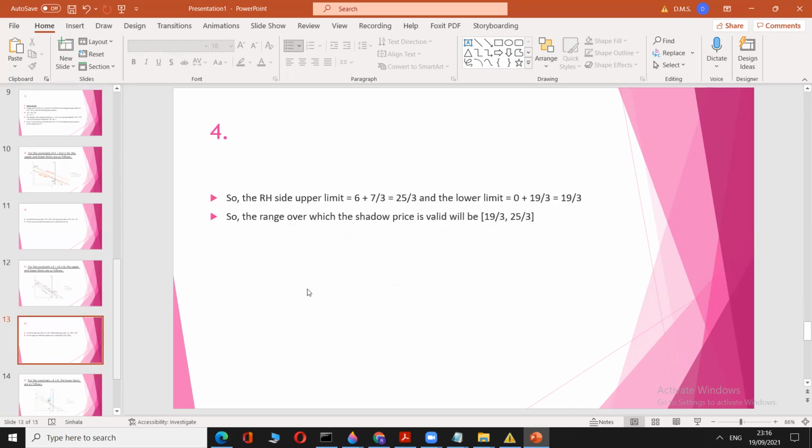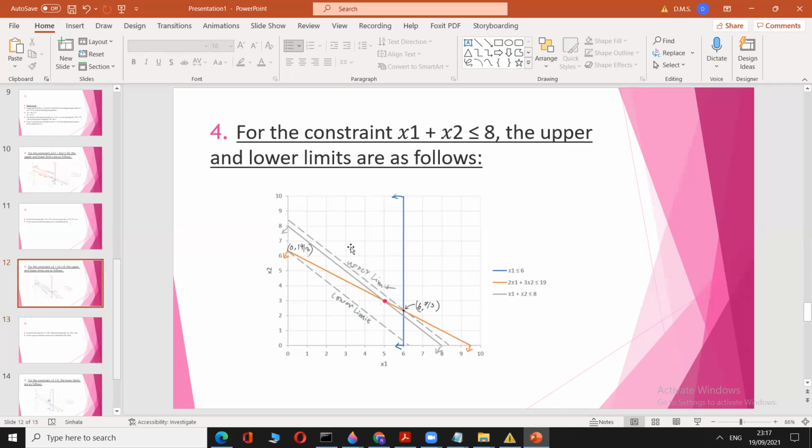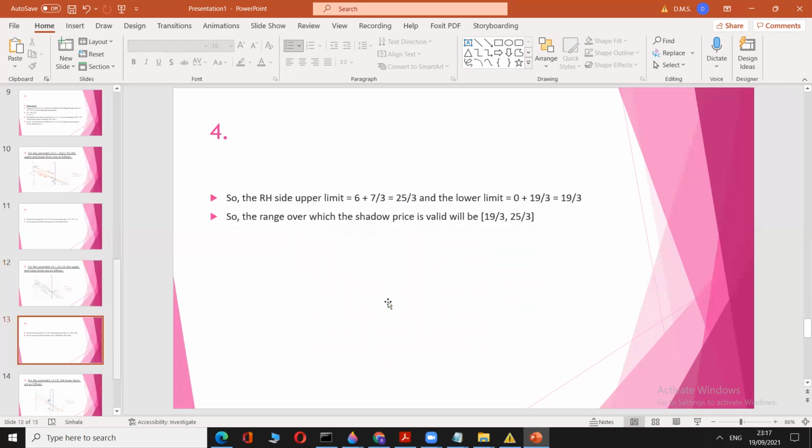After that, in the same manner you can take the limits by considering the coordinates and substituting them into your constraint line, which is x1 plus x2. For x1 is 6 and x2 is 7 over 3, x1 plus x2 is 6 plus 7 over 3.